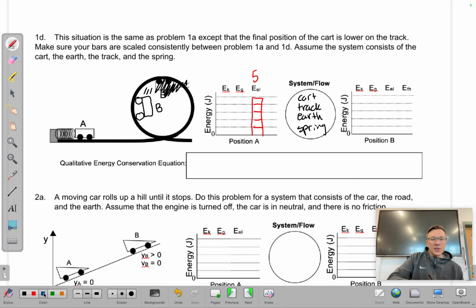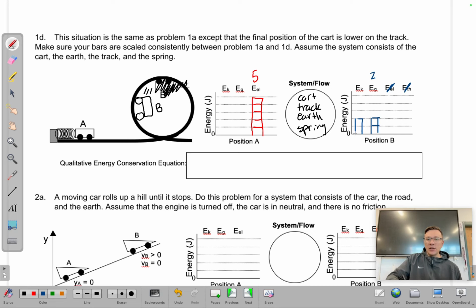On the final side, there's no elastic energy because the spring is decompressed, and we're not including friction here because problem 1A did not have friction. What we originally had in problem 1A was 2 kinetic, 3 gravitational. But now the cart is lower. So if we subtract a bar of gravitational potential energy to show that it is at a lower height, we now only have 4 bars of energy.